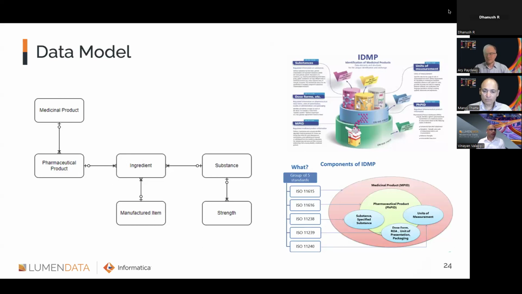And the pharmaceutical products will have multiple ingredients. There are active ingredients and inactive ingredients, and these are again more than one. One or more ingredients are combined or bundled under the substance. So a substance will have multiple ingredients, and the substance will have various strengths as well. The manufactured item provides information such as batch number, manufacturing sites, etc.